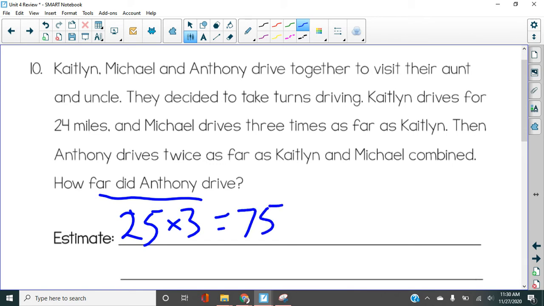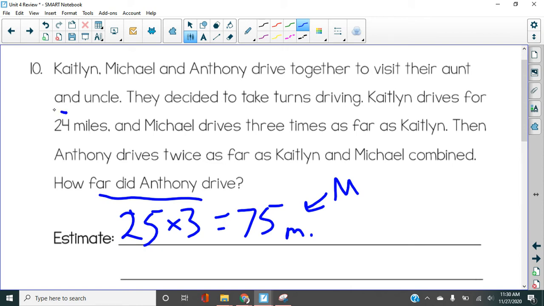So to get Michael, this answer right here, I need to label it miles, and I'm going to label it as Michael. So that is how far Michael drove.